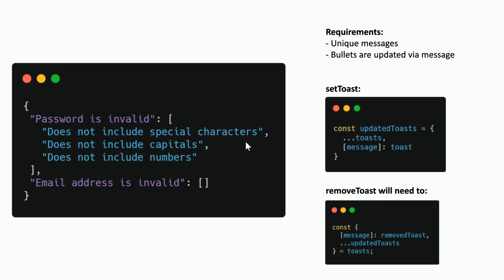And also, our implementation no longer needs to enforce that requirement, and it also has an easy way to identify the thing that it wants to update because it has a reference to that unique thing. Hence, our implementation is nothing more than a very simple single spread operation, and remove toast has even been simplified. It's now the exact reverse destructure operation.